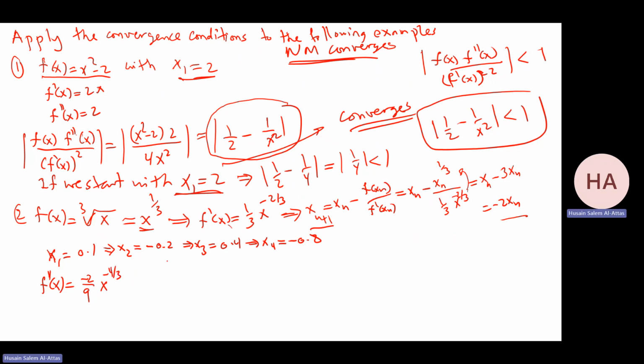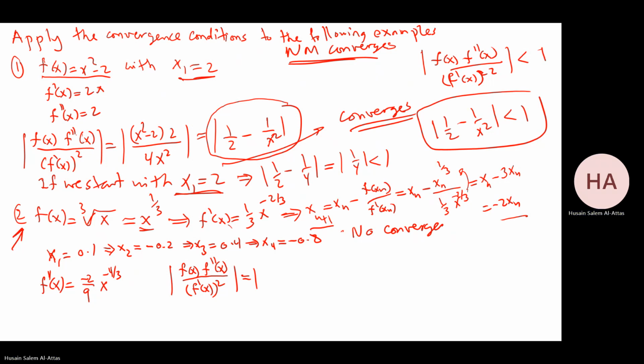Okay, so now check this formula: f of x, f double prime of x over f prime of x squared for this case. That will be what? We say no, there is no convergence.